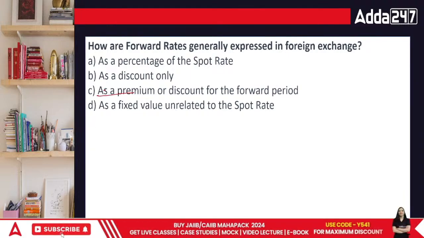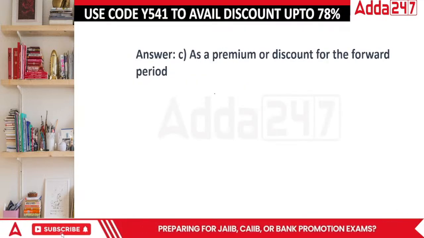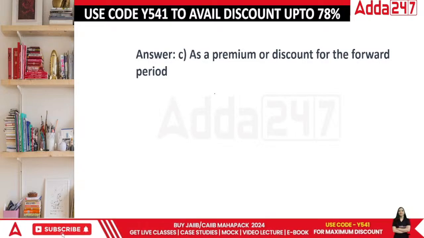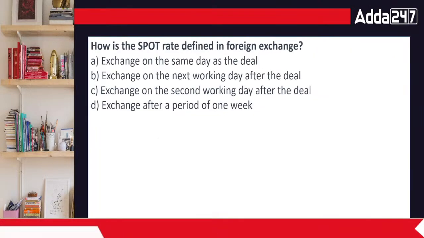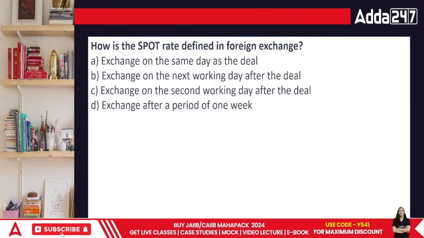It can be given as a premium or as a discount, because the value of the same can increase in the future and can also decrease in the near future. We're not talking about anything else, but we are looking at everything from the point of view of the near future. And actually, this market cannot be predicted that easily, because the value or the prices of the currency keep on changing.